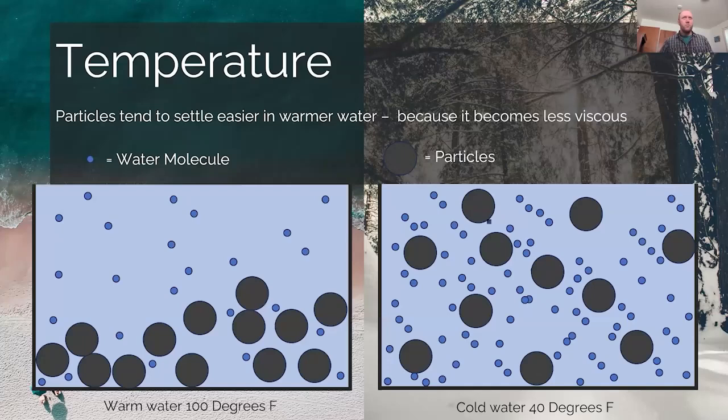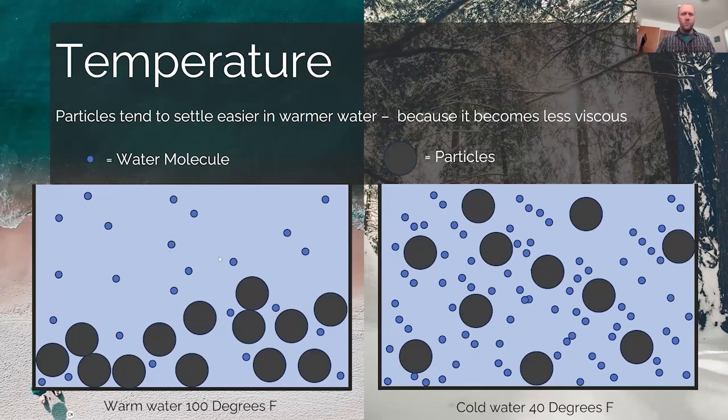Even when we're thinking about specific gravity of water, we kind of think of water, the density, as a constant, but it's actually not. The density of water changes with temperature. In this graphic that I think James made earlier, we have all these little blue dots here, and these represent water molecules, and the big black dots are the particles.